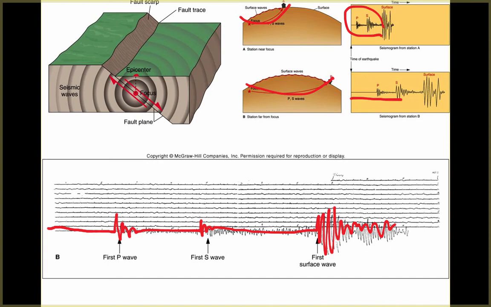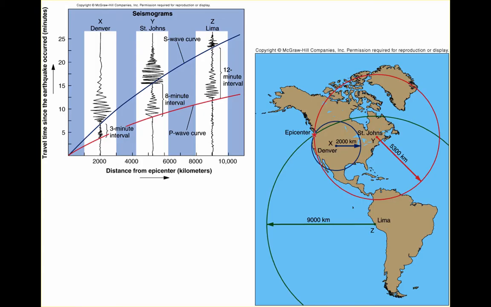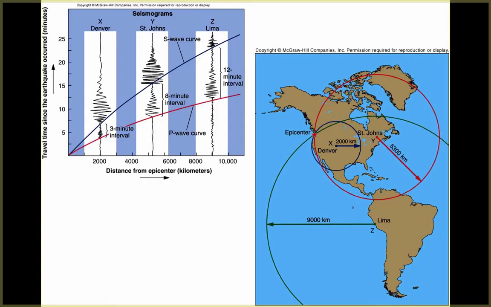We can use all of these to help locate the earthquakes and also to understand something about the nature of the earthquakes. Locating earthquakes can be as simple as triangulation. If we have three different recordings of a single earthquake, here we line up the recordings from, in this case, Denver, and we recognize the time delay between the P and the S arrival.